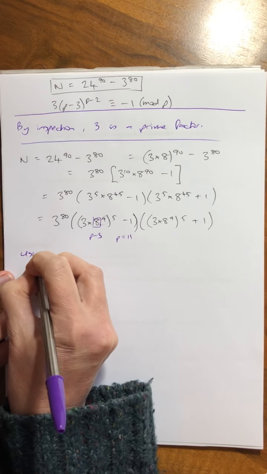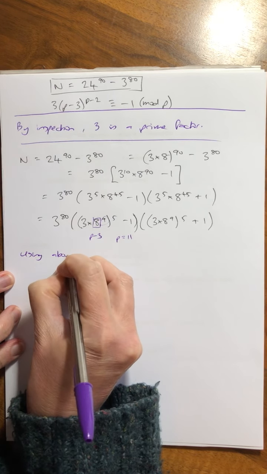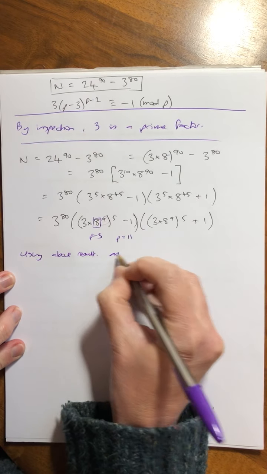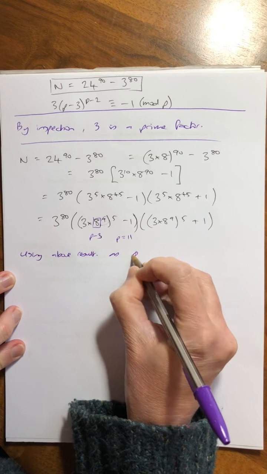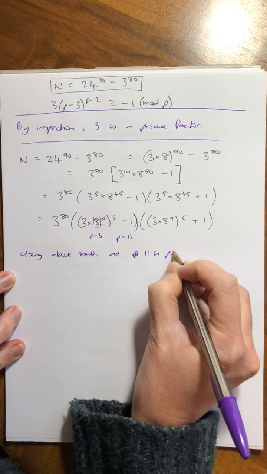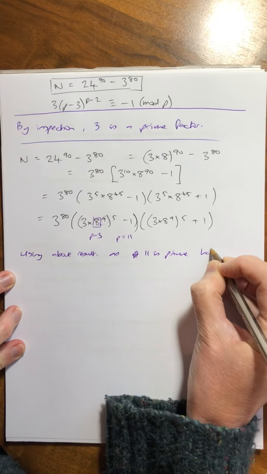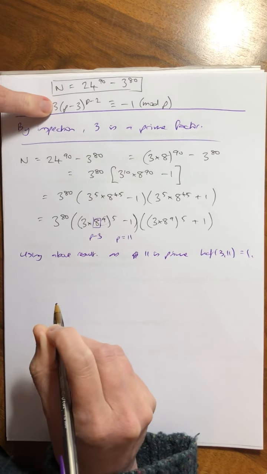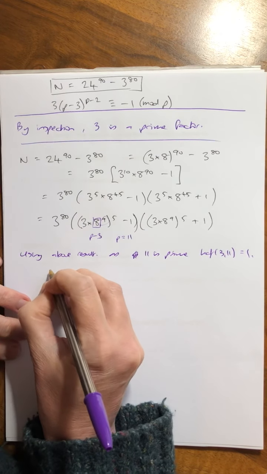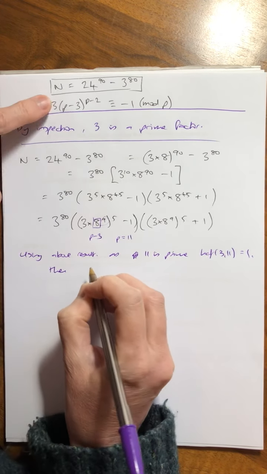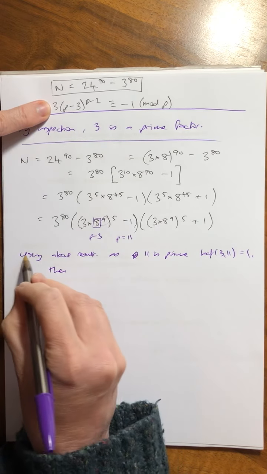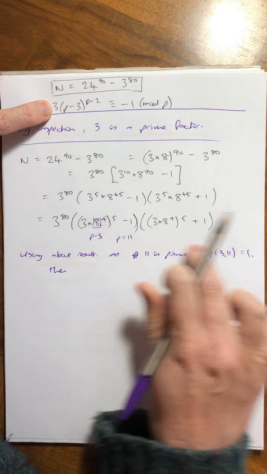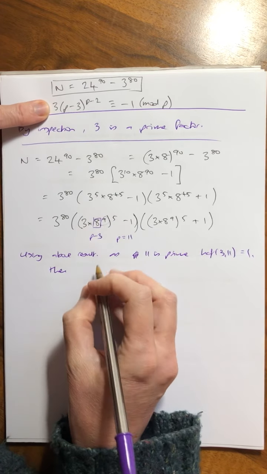So using the above result, which we can, because 11 is prime and HCF of 3 and 11 is equal to 1. So I can use this result, and in fact that's already been considered in our proof, so I wouldn't necessarily need to write that down.